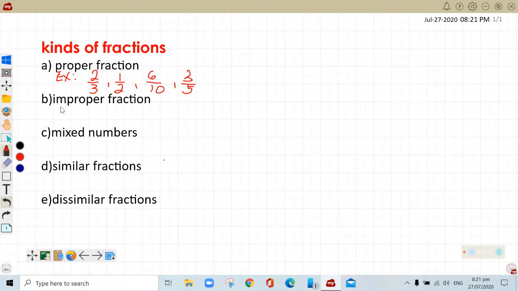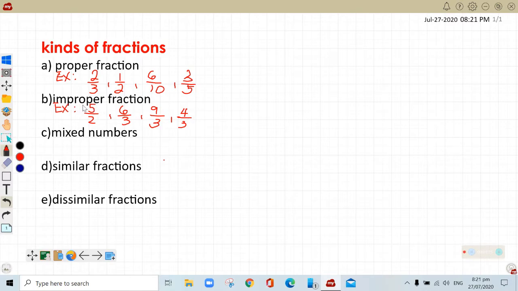For improper fractions, the numerator is bigger than the denominator. So examples of improper fractions are 5/2, 6/3, 9/3, and 4/3. Okay, so these are examples of improper fractions.